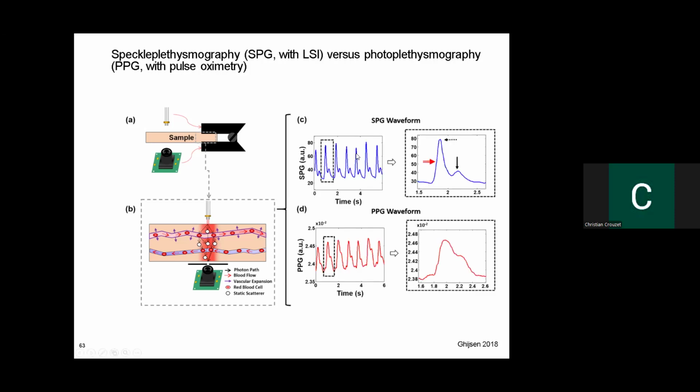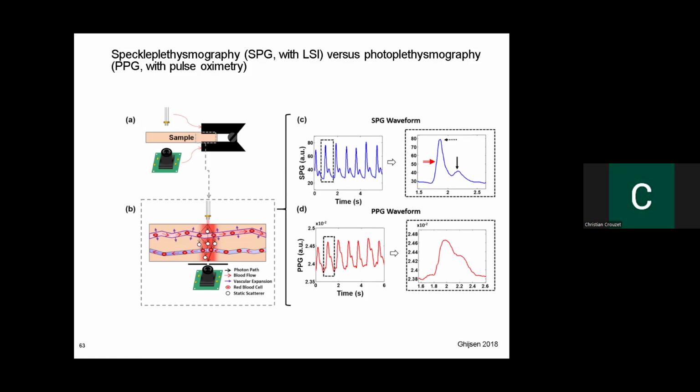So what does the signal look like in this finger clip based format? On the top, we have the SPG signal. On the bottom, we have the PPG signal, which is the main signal in pulse oximeters. You can already see there are differences in their waveforms, but that makes sense because they're inherently measuring two different things.